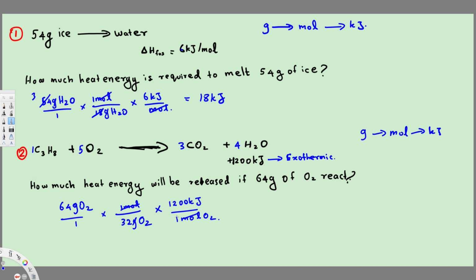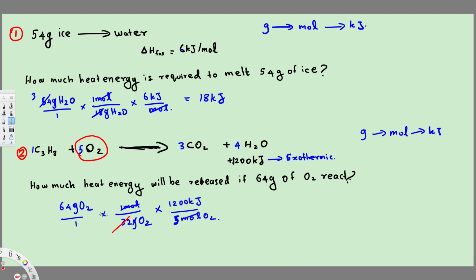Here this is 5 moles basically, because if you notice the equation, this is 5 right here. If 5 moles of oxygen react, it releases 1200, so this is supposed to be 5. So we have 5, and let's simplify this one.